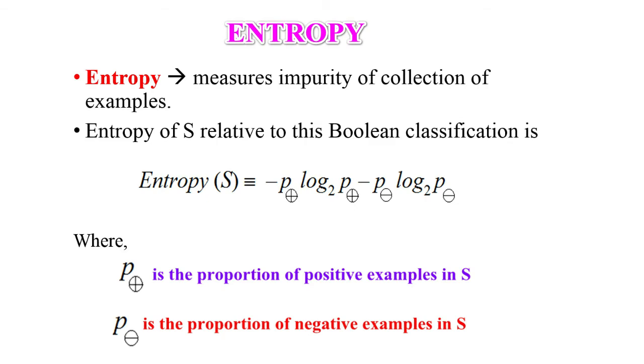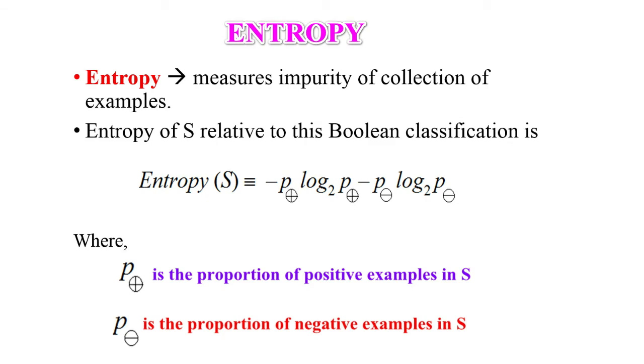Then what is entropy? Entropy is the measure of impurity or disorder or uncertainty in a bunch of examples. A decision tree is built top down from a root node and involves partitioning the data into subsets that contain instances with similar values.